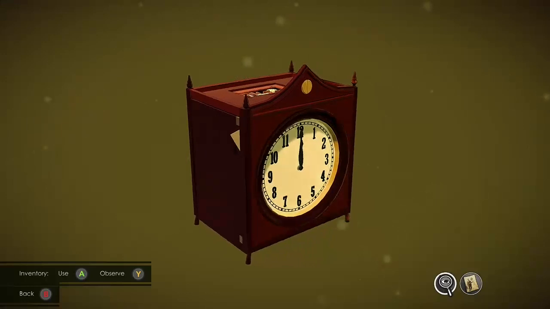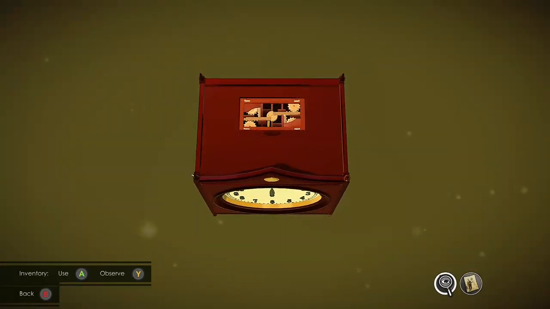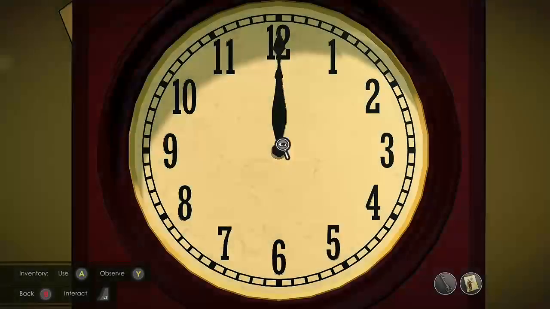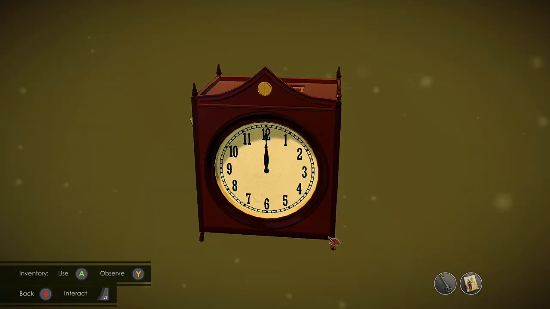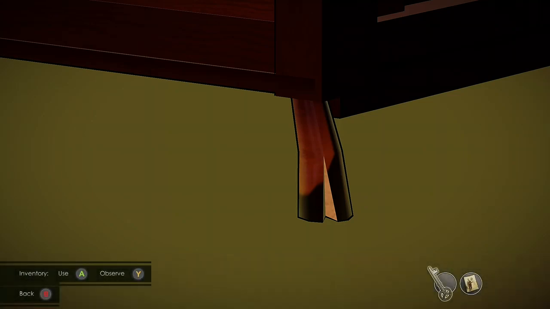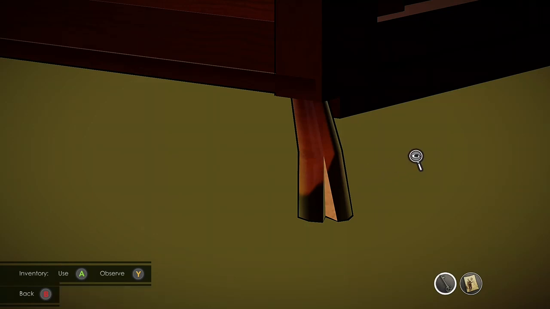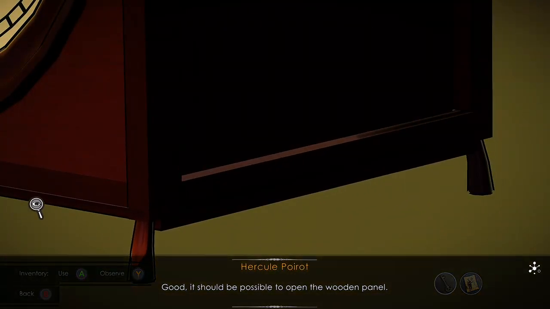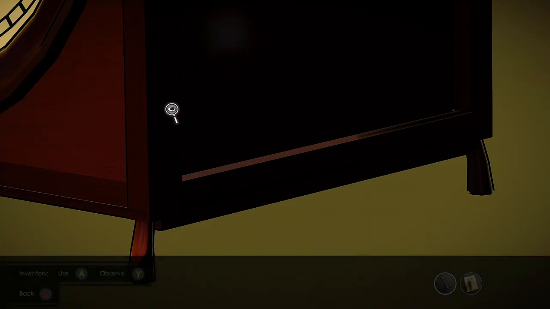Okay, I'm a little... Oh. Good. It should be possible to open the wooden panel.